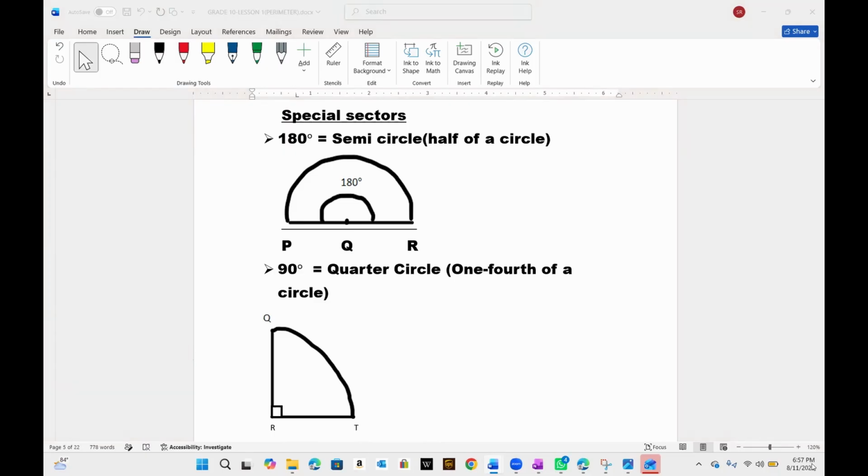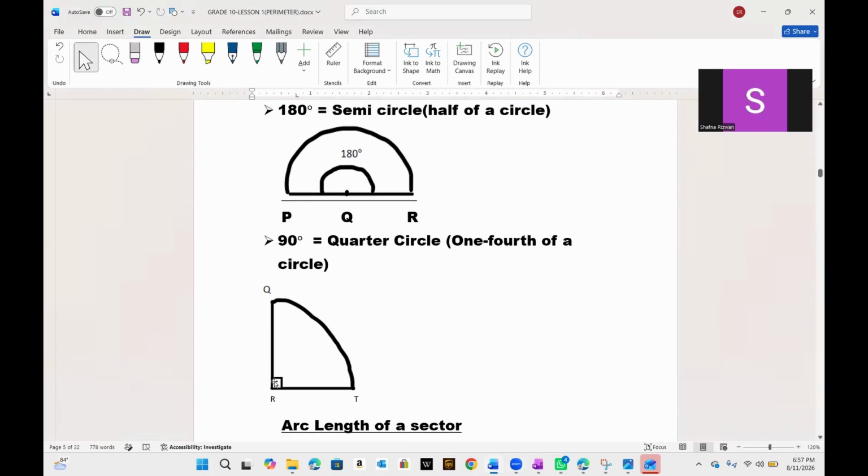Guys, why are we saying it as a quarter circle? You can say 1/4 of the circle. Why are they saying 1/4? Because 90 degrees means how much is it? This is half, which means semicircle. I am taking here this one part. From 360, if you are dividing it into 4 parts, then how much will you get?